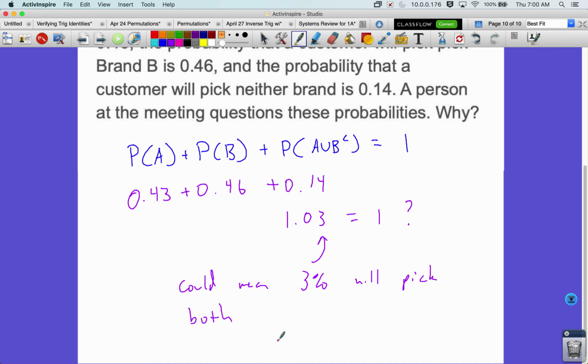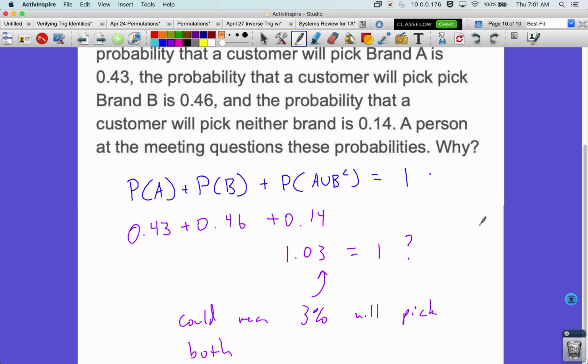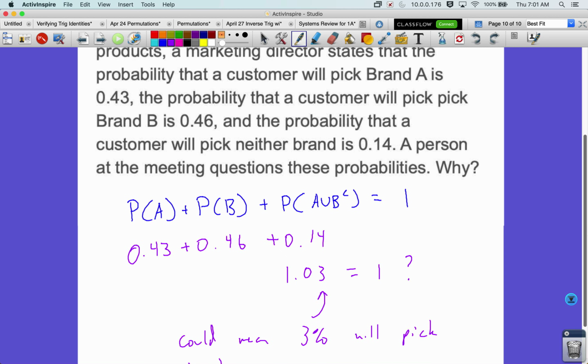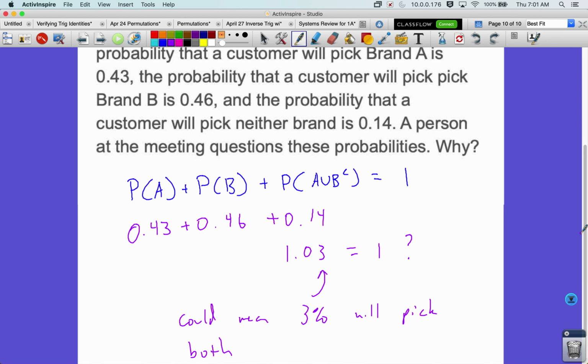So they get both the Frosted Flakes and the Cheerios. If you only have those two options, not that many people will get both. But that could explain why this is adding up to over 100%, because some of this 3% here is also being counted over here. But if these are mutually exclusive events, then this person has every right to question these probabilities because they're not adding up to 100%.